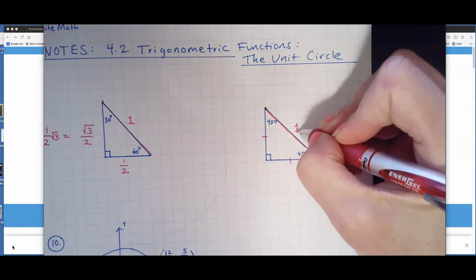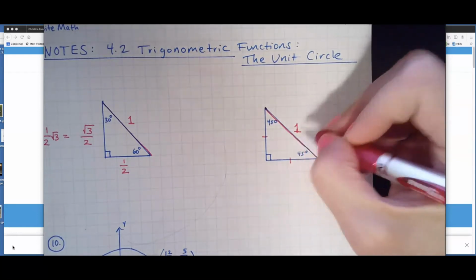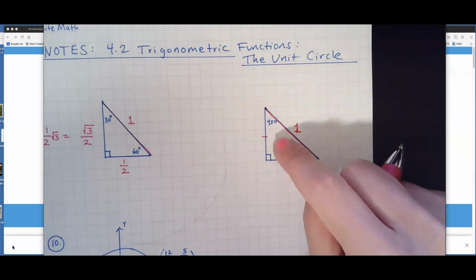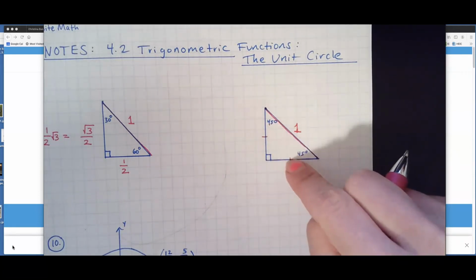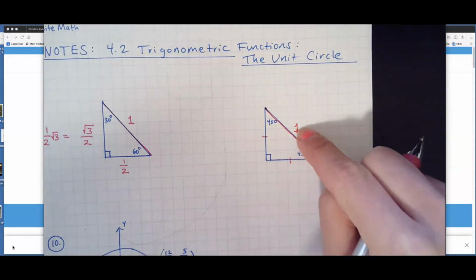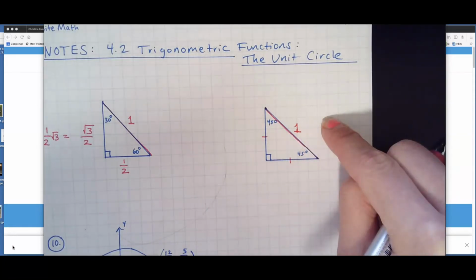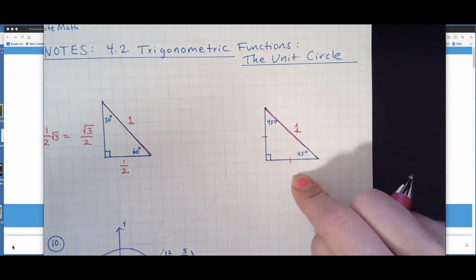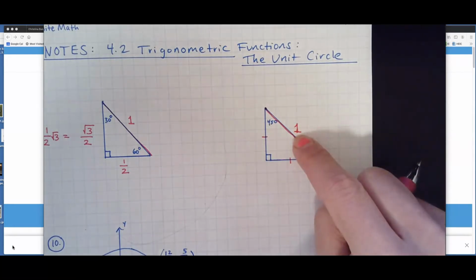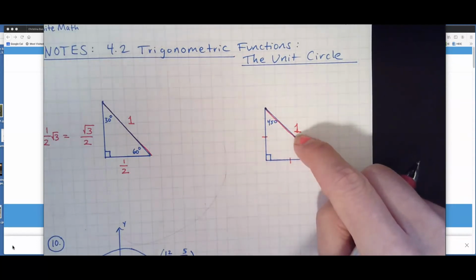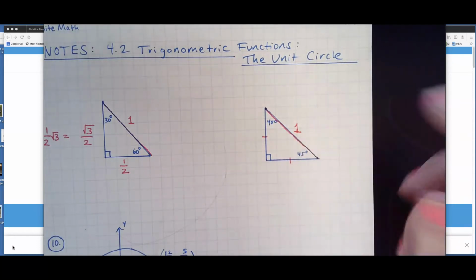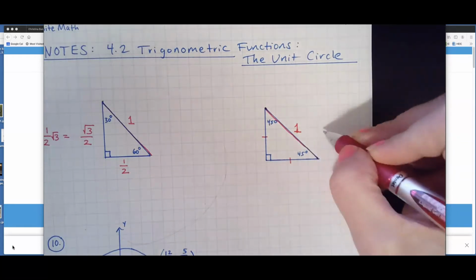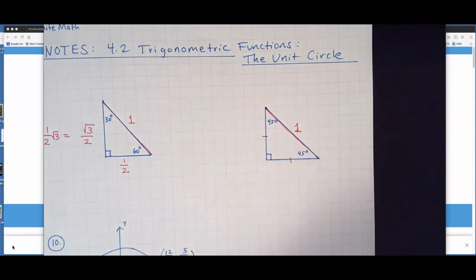This one's a little trickier, but the legs are always going to be congruent because it's an isosceles right triangle. The hypotenuse is always going to be √2 times the leg. Since the hypotenuse in this one is 1, we set this equal to x√2 and solve for x.